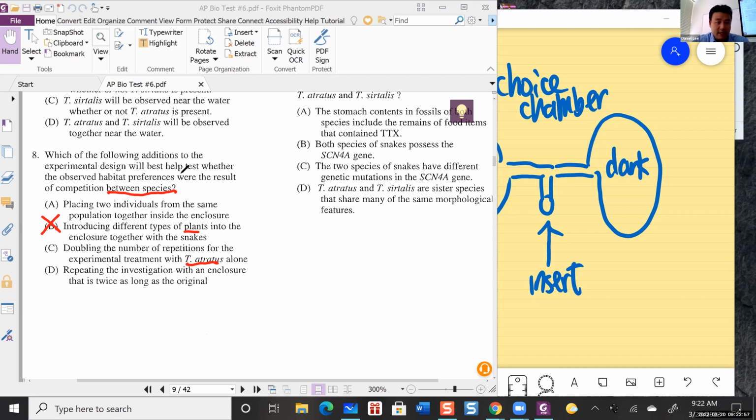So again, you want to see if the test habitat preference was the result of competition between species. So you put individuals in there, basically what the guy did here, and see if they compete for something. In this case, they compete for water.